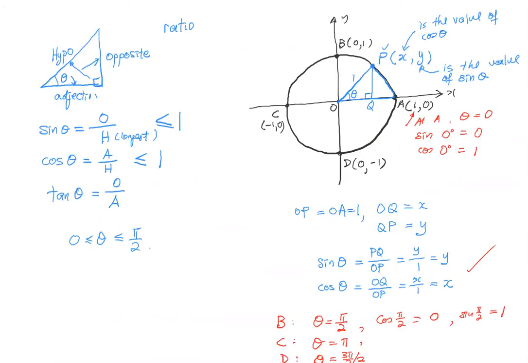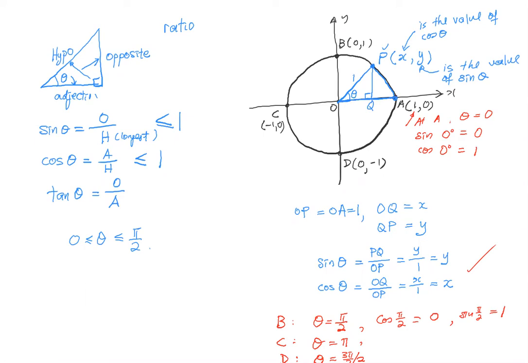Wait, Miss, how do you know which pi it is at B or C? Look, we start from here. The angle theta here is 0.